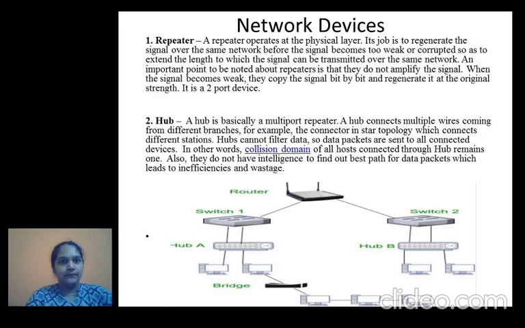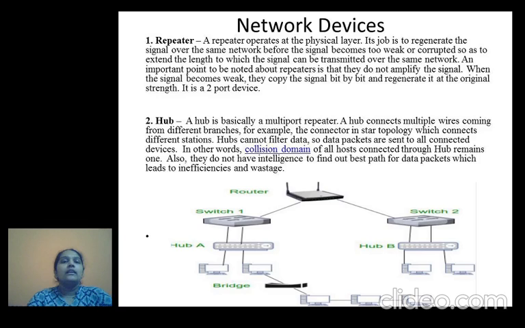It helps us to regenerate the signal over the network bit by bit, and the original strength of the signal is also regenerated. Second, it is a two-port device.